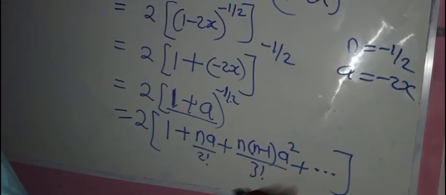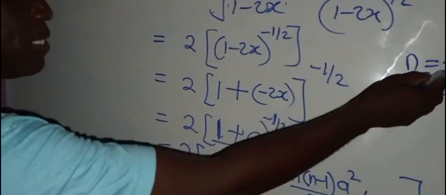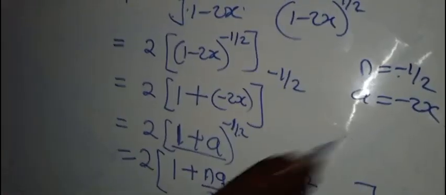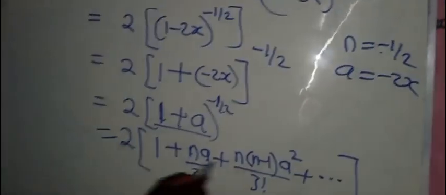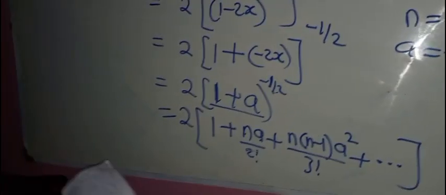So 1, 2, 3, in fact sometimes 1, 2 is okay. So simple. You expand this, whatever thing you get here, you now multiply everything by 2. Now this one, our n is this, our a is minus 2x. You put it there and carefully substitute it and get the answer.